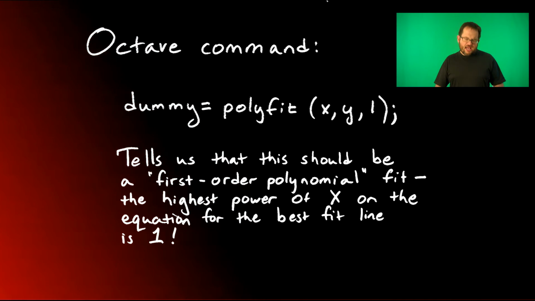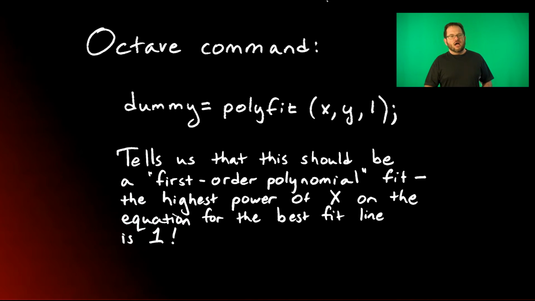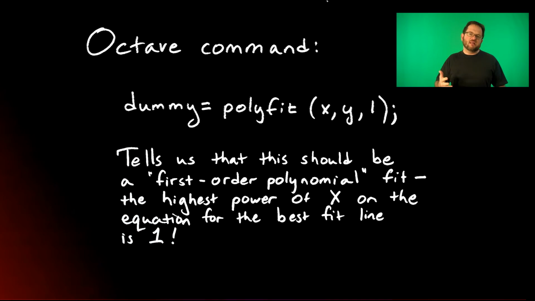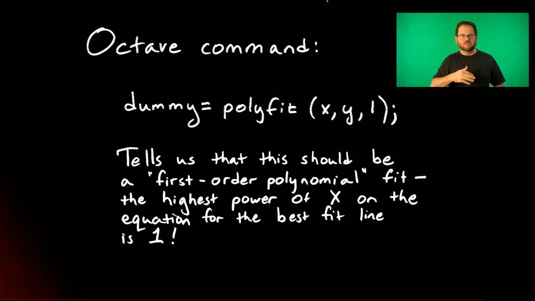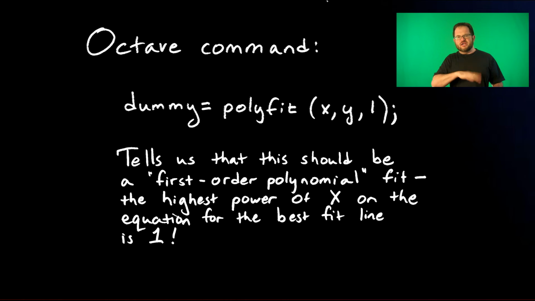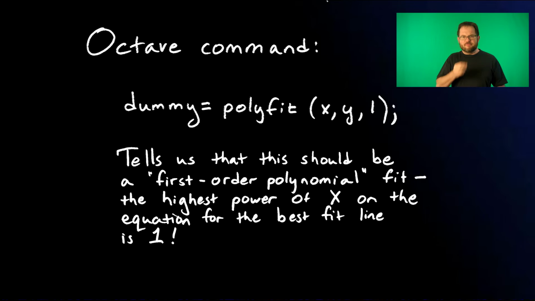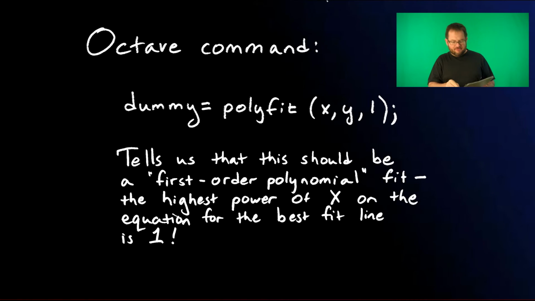You'll see later that we're going to be able to do nonlinear forms of regression, ways of making best fit lines that aren't straight but rather parabolas and things like that, by changing that number. But for now, any time you're just making a linear fit to the data by creating a best fit line, that's going to be a 1.